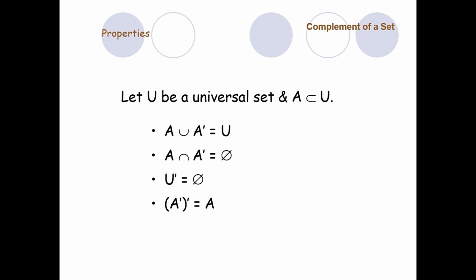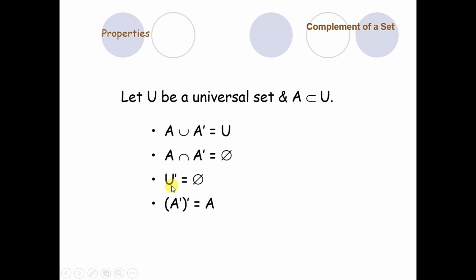A union of the complement of A is equal to the universal set. The intersection of A and the complement of A is equal to a null set. Why? Because those things not in A and those things in A don't have any similar elements.